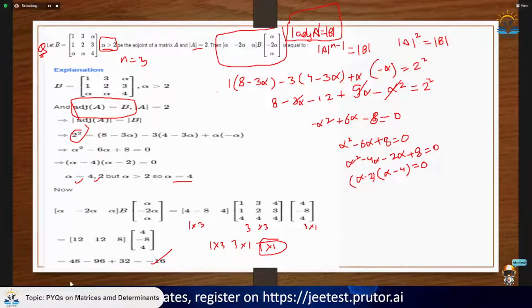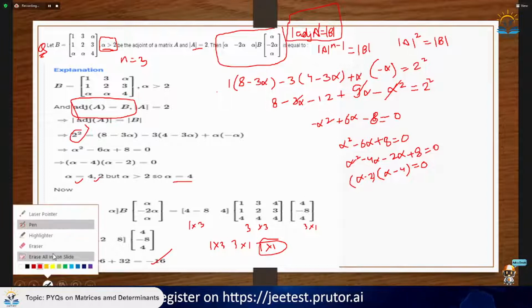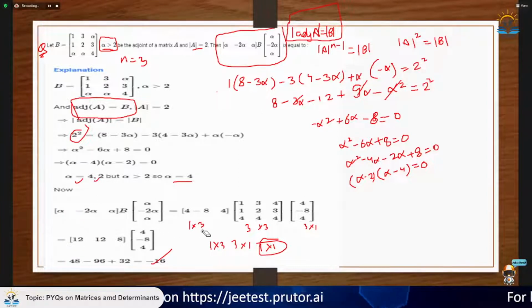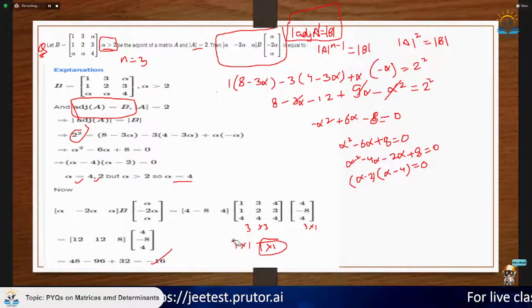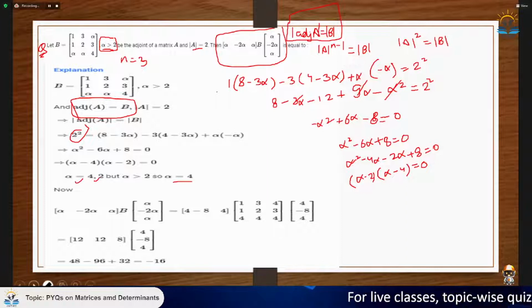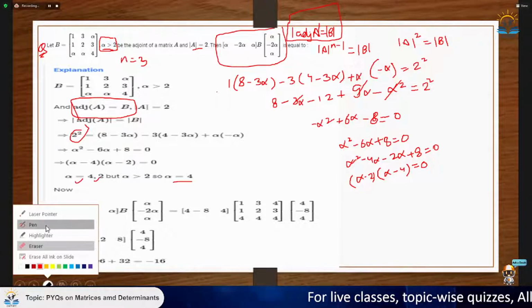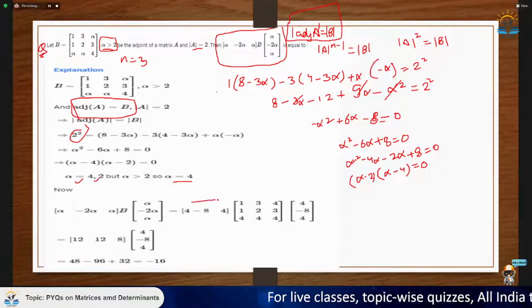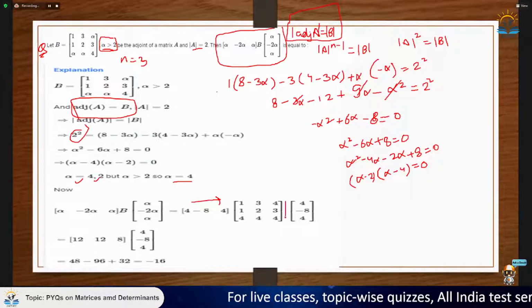Now how to multiply it? Firstly, let me make it clear. So you will go like this, and then you will go like this.